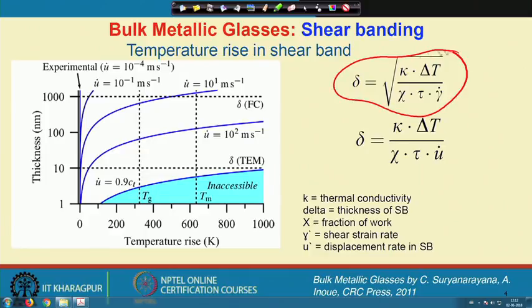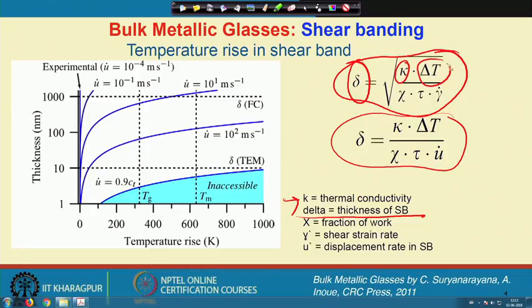People came up with an equation where delta is the thickness of the shear band, K is the thermal conductivity of the material, and delta T is the expected rise, along with the shear strain rate or displacement rate, even though both equations are very similar. We consider here psi, which is the fraction of work that is converted into heating of the shear bands.